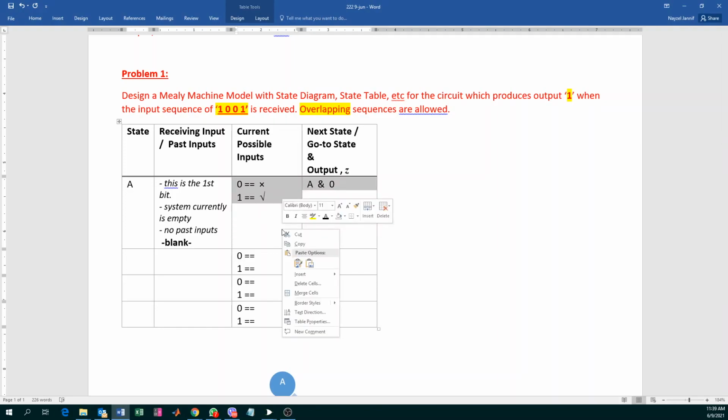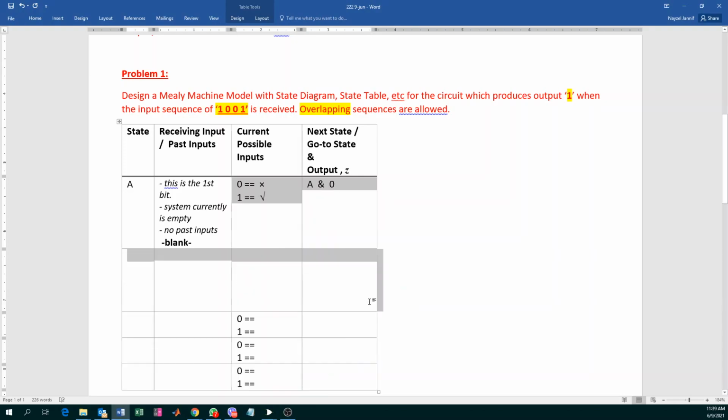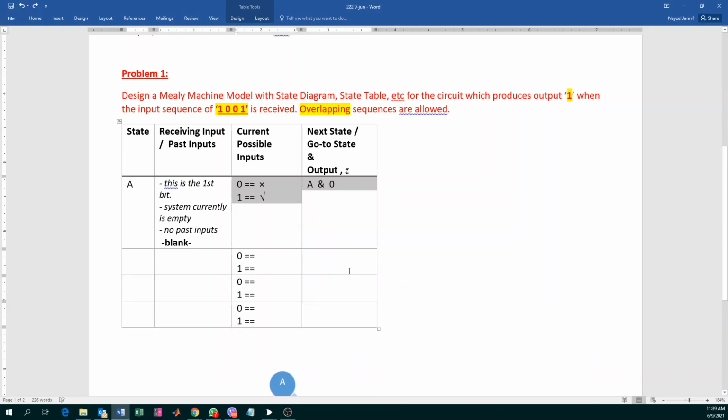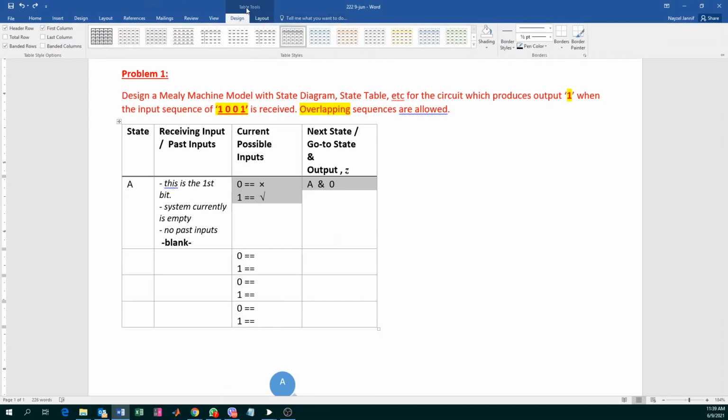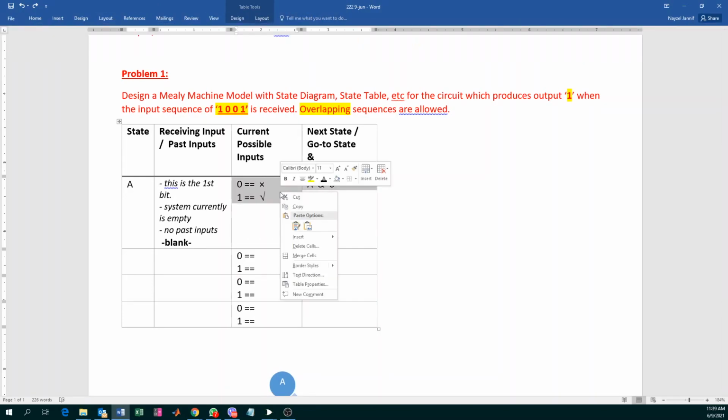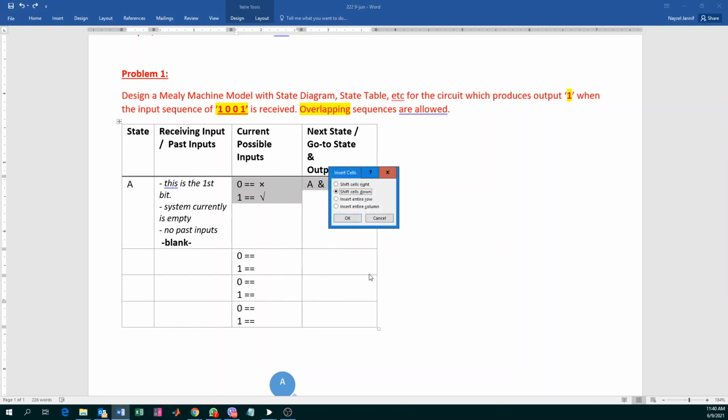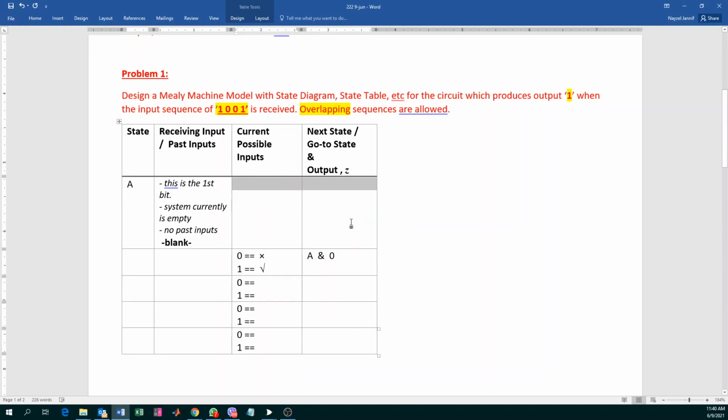Guys, how do I split this cell? Does anyone know how to split the cell? Come on, guys, help me out so that we can make this faster. No, sorry.